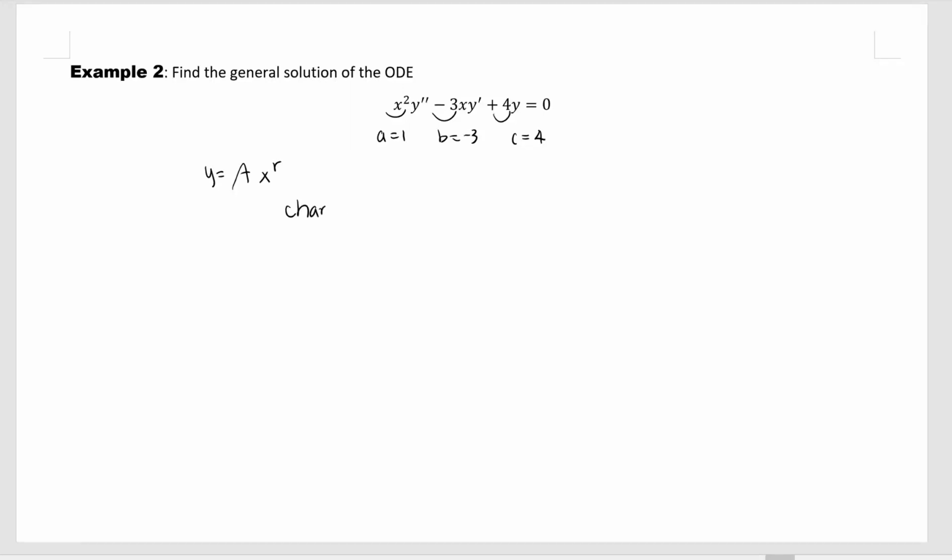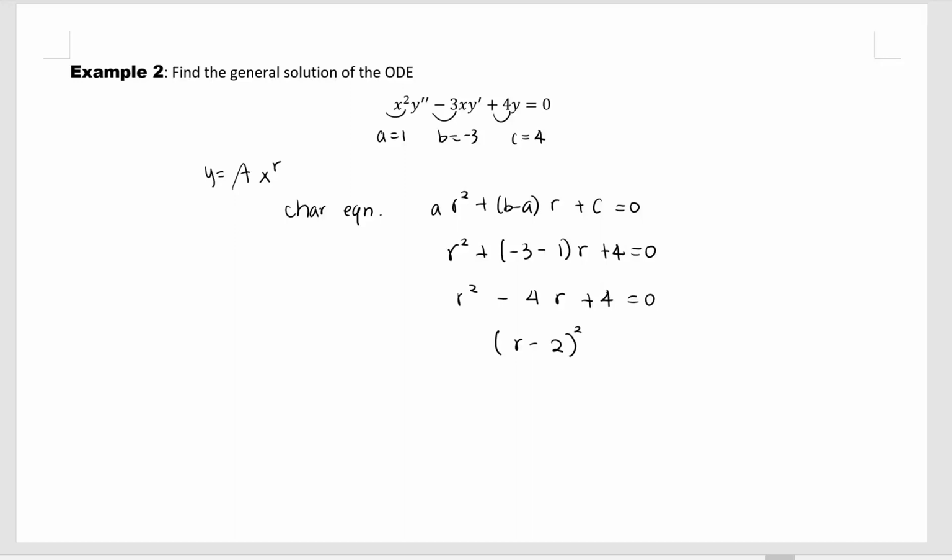Then the characteristic equation is a r squared plus (b minus a) r plus c equal to 0. a is 1, b is negative 3, c is 4. So we have r squared minus 4r plus 4. Do you know what that is? That actually is a complete square. So we have a repeated root, 2.